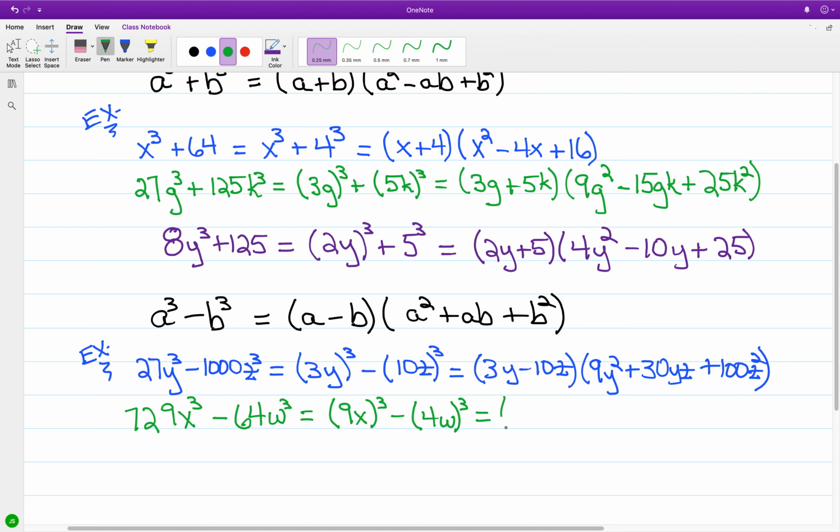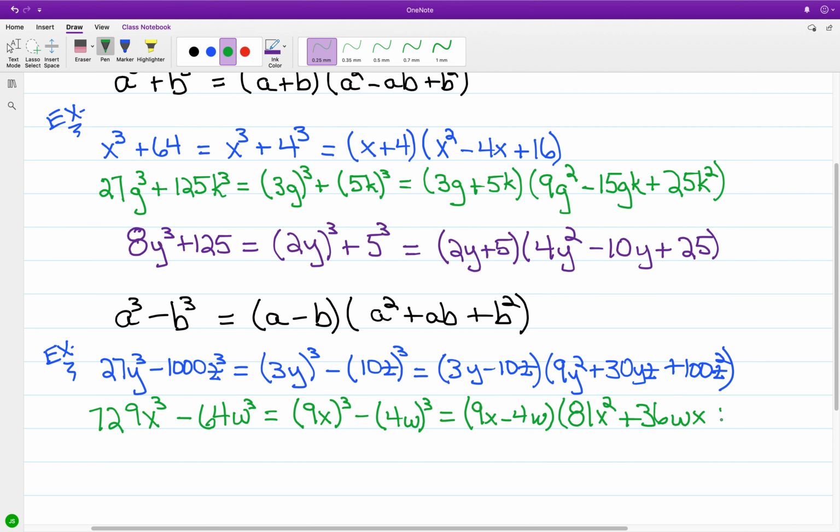For a minus b we have the quantity 9x minus 4w, times the quantity: for a squared, 9x squared is 81x squared, and then plus 9x times 4w, which is 36xw or 36wx. It doesn't matter what order the variables come in. Then for the square of 4w, that's 16w squared. These are instances of factoring the difference of cubes.